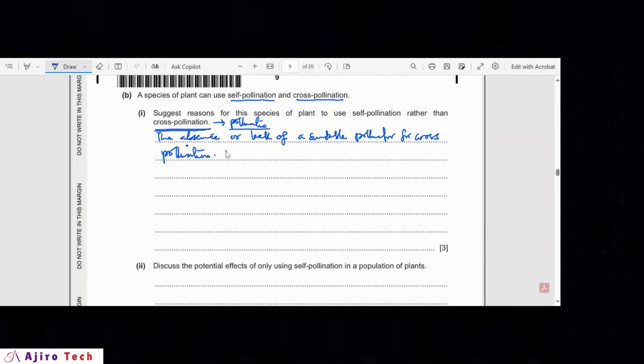Okay. Also, plants may grow alone, or in an isolated area.